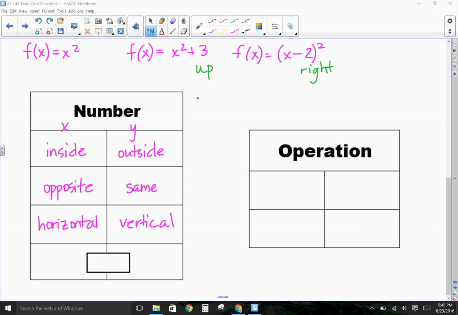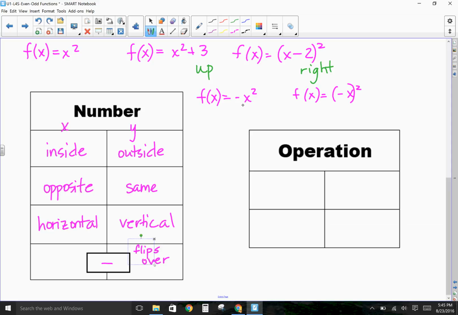Then we also had those functions where f of x was equal to negative x squared, and f of x was equal to negative x quantity squared. Again, the negative sign has a special effect on a graph: we talked about how it flips over an axis. This one has the negative outside the parentheses, and this one has it inside.